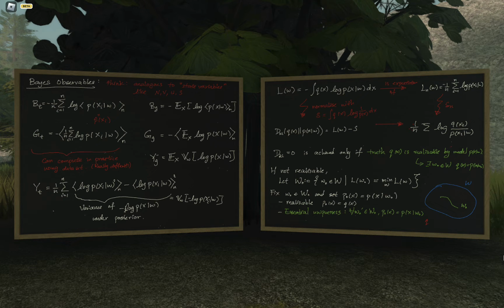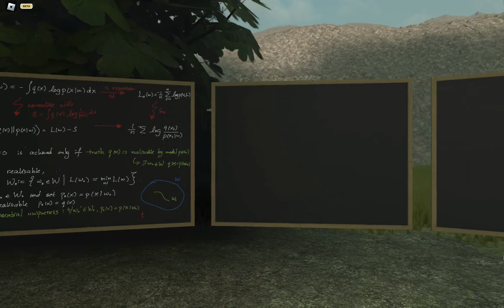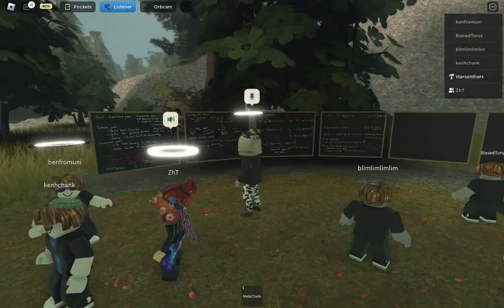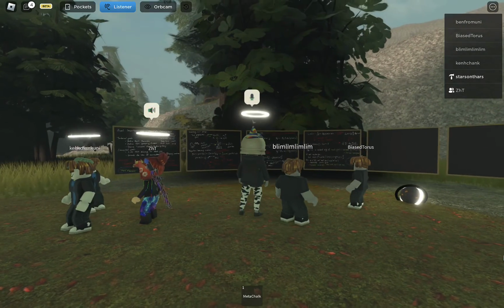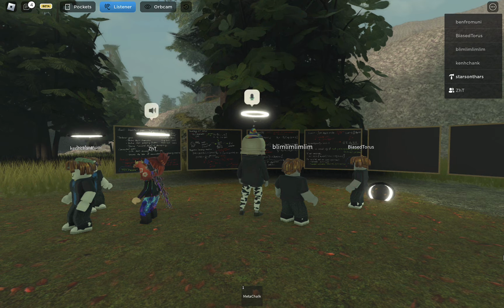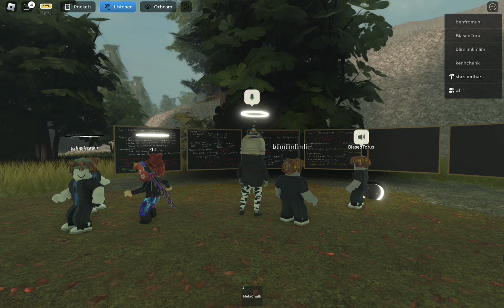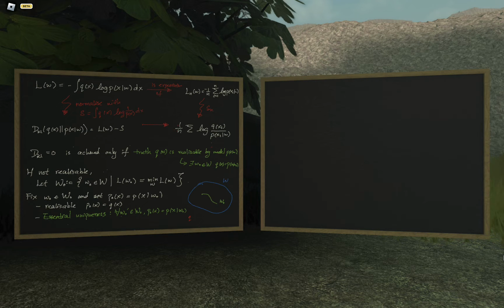Sorry, I didn't get this context. Is essential uniqueness saying that for all these true parameters, those are not true parameters, those are optimal parameters. Then P0 of X will be the true distribution, right?